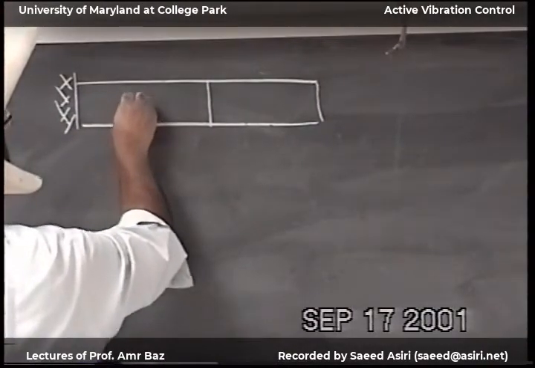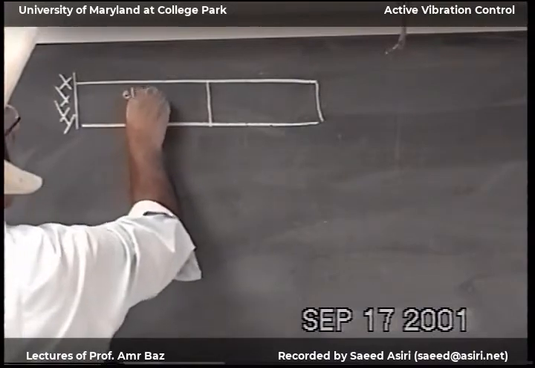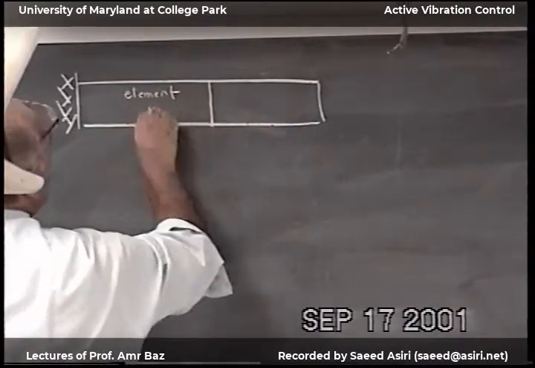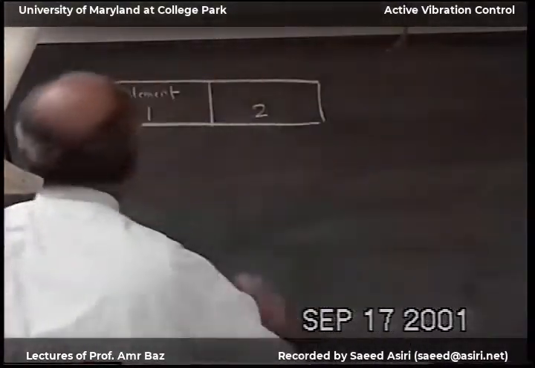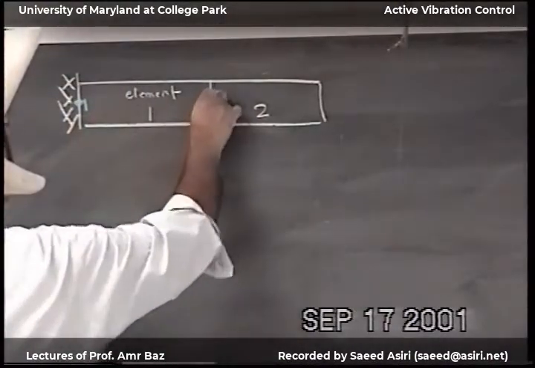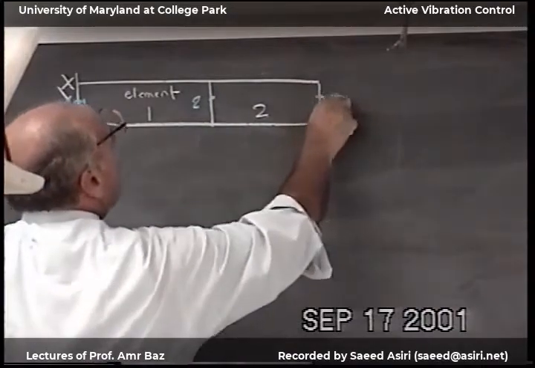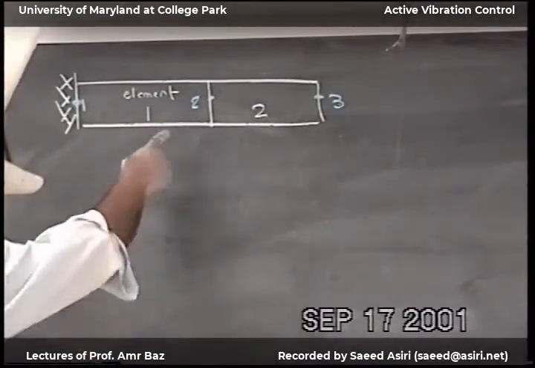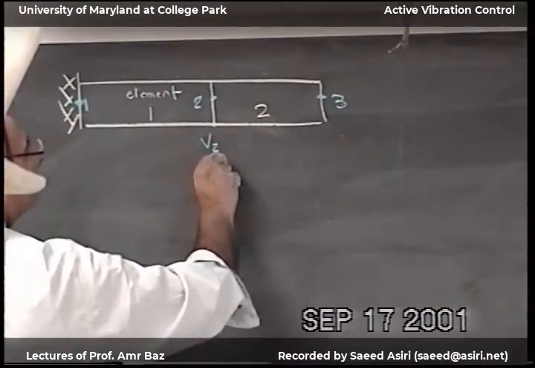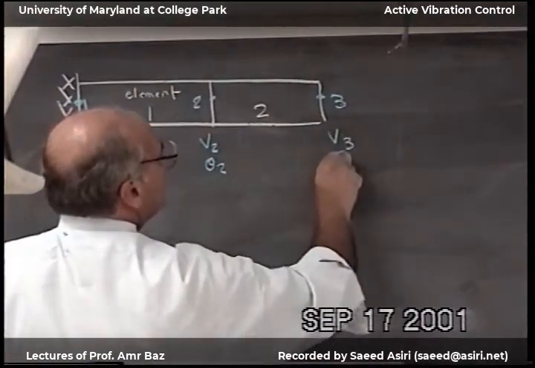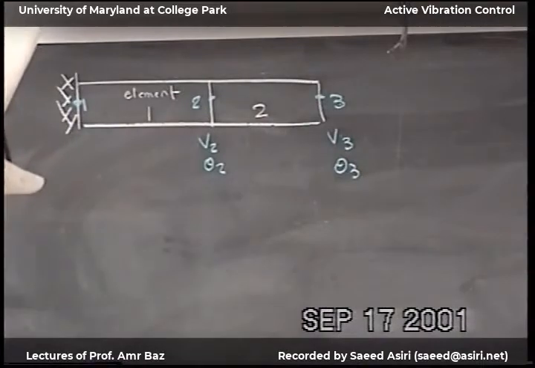Element 1 and 2. And then I have nodes connecting these two elements. This is node 1, 2, and 3. This has 2 degrees of freedom. V2, theta 2. This has V3, theta 3.